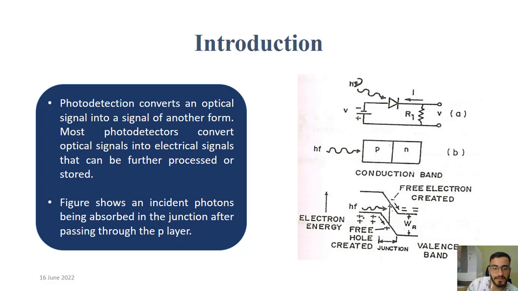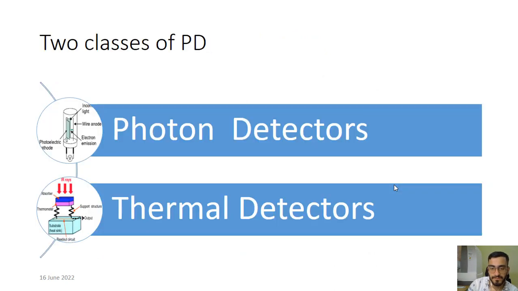The electrons are attracted towards the N region, and the holes are attracted towards the P region. Due to the reverse bias of the diode, the current passes through the external resistor. The current through the load depends on the intensity of the light incident on the diode. The absorbed energy pushes a bound electron across the bandgap.